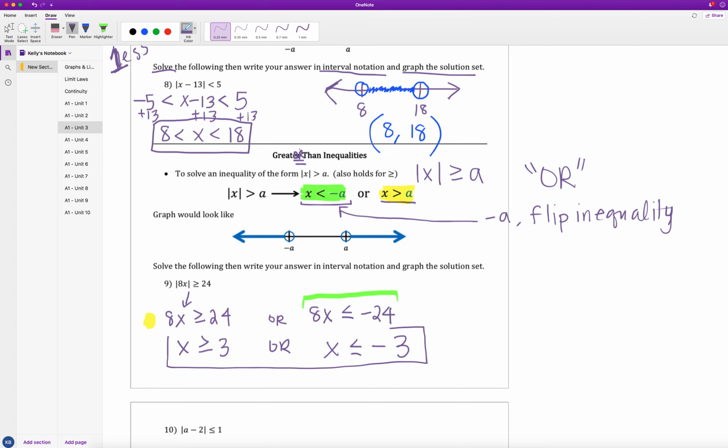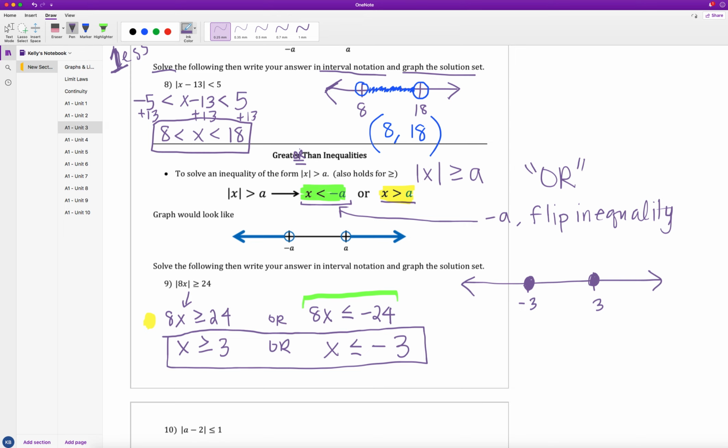Now that I have solved this, I have my answer as an inequality. We're going to want to graph this and then write our answer in interval notation. So to graph it, I need both 3 and negative 3 to go on the graph, but negative 3 is smaller, so I want to have negative 3 on the left-hand side, positive 3 on the right-hand side. Because we have the equals to bar, we will do a closed circle here on both negative 3 and 3.